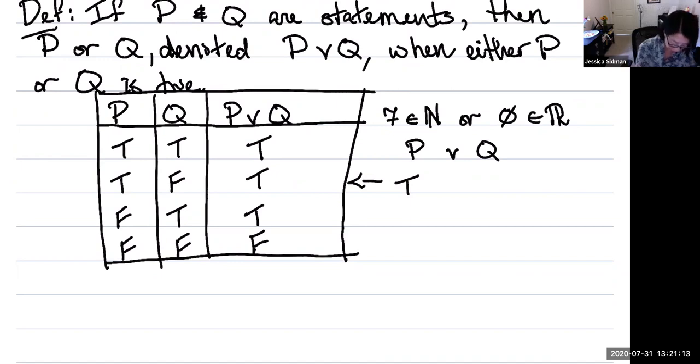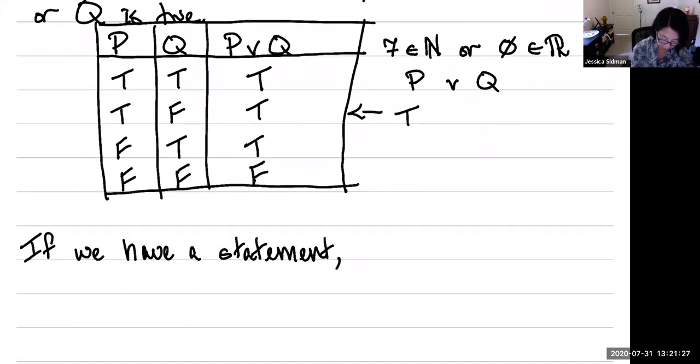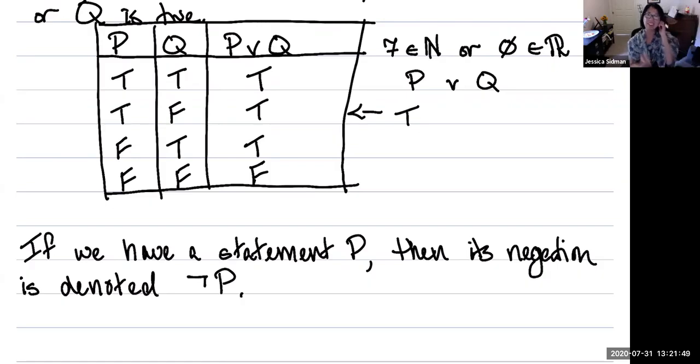So if we have a statement P, then its negation is denoted with this funny little character there.